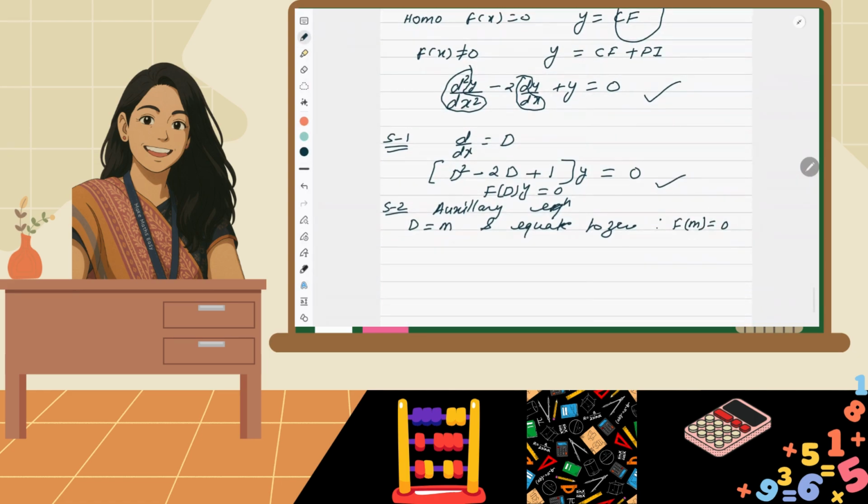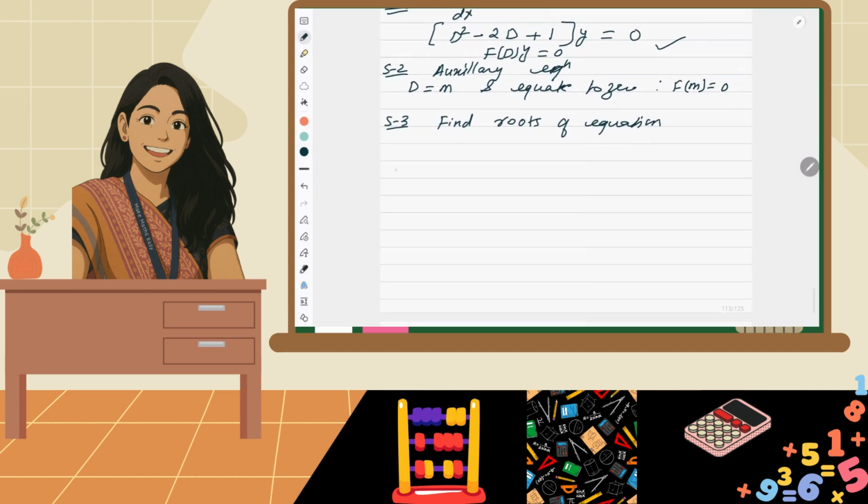Once you get the auxiliary equation, step 3 is to find the roots of the equation. Based on the nature of the roots, we will write down the complementary function.